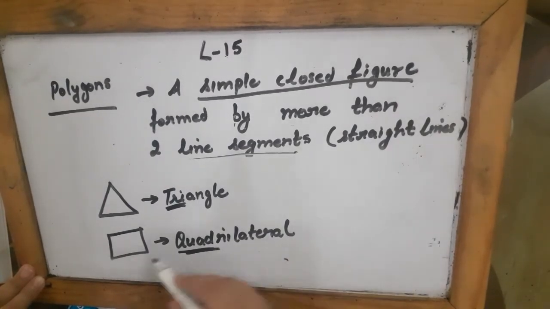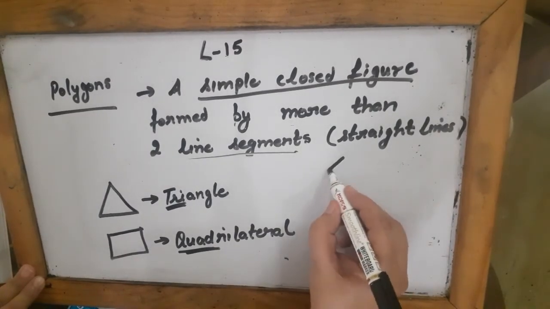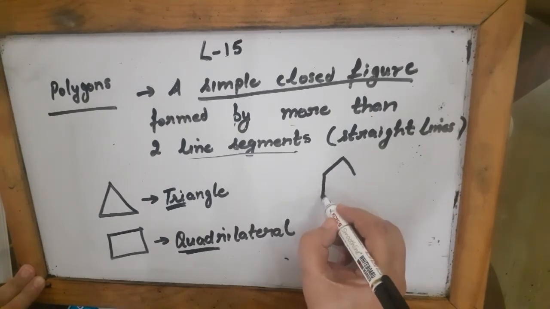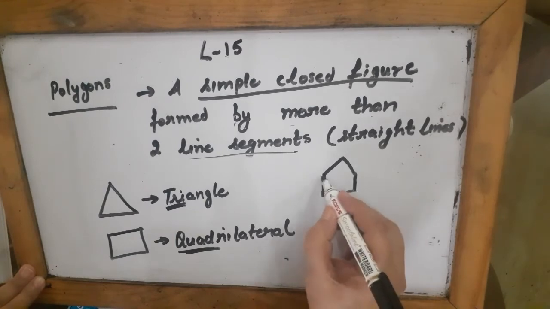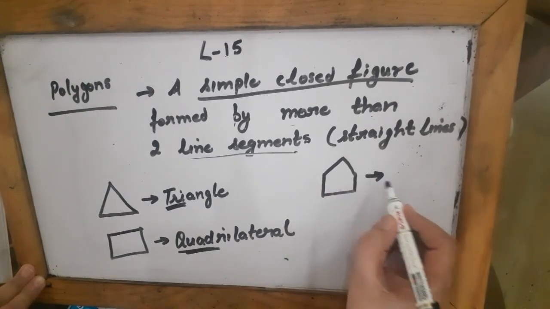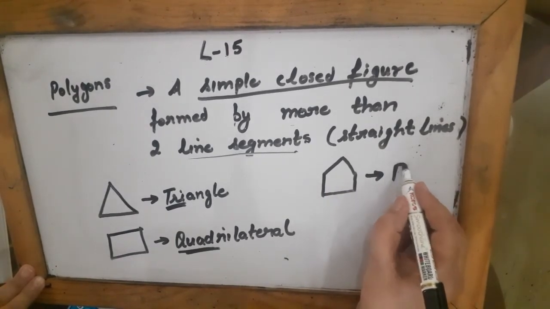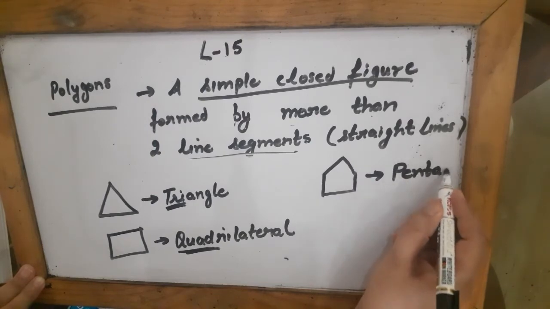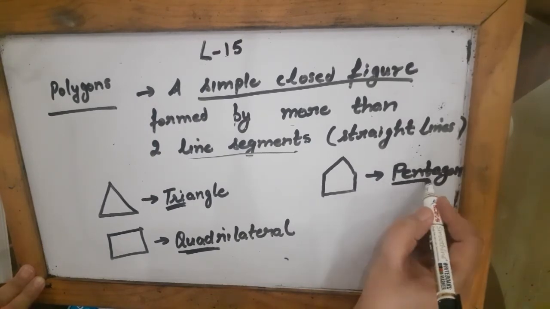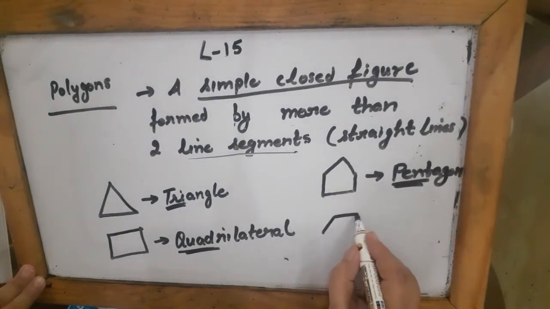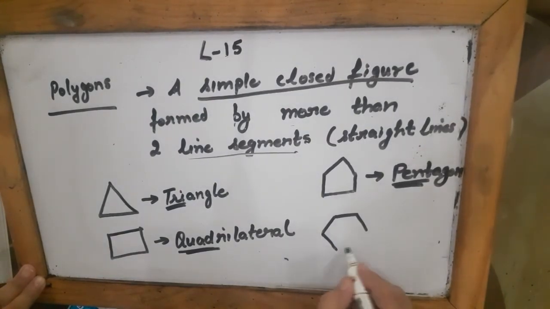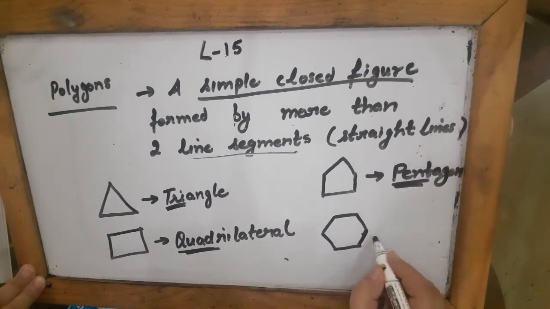Now after four line segments, a figure which has five line segments. 1, 2, 3, 4, 5. Five straight lines. A figure which has five straight lines or five line segments is called a pentagon. Penta means five. Now a figure which has six line segments is called a hexagon.